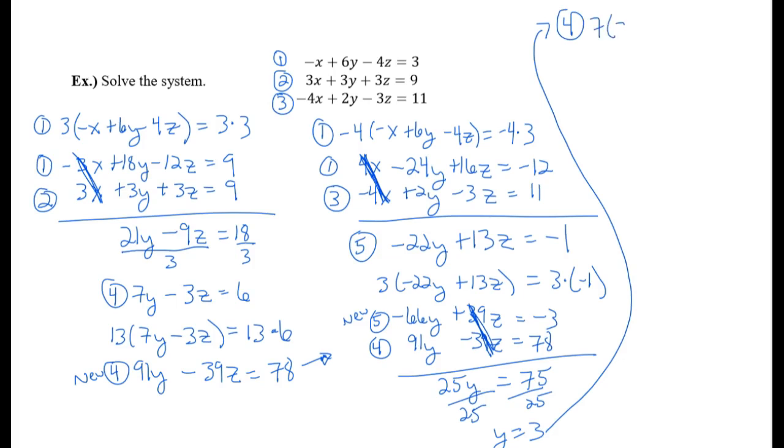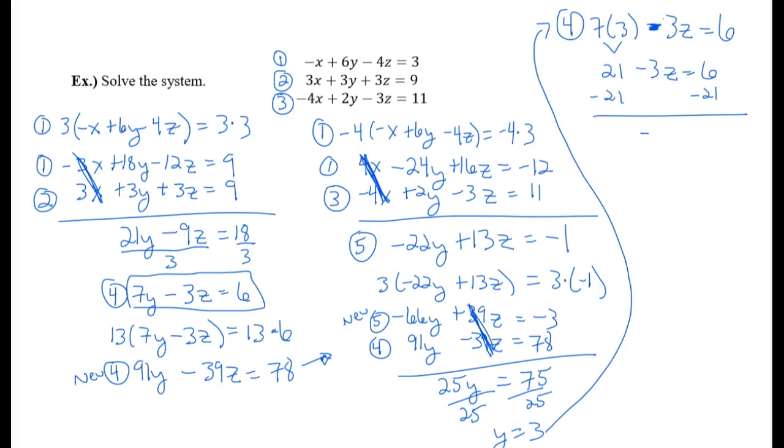So 7 times 3 minus 3z equals positive 6. Multiplying, 7 times 3 is 21. Subtract 21 from both sides to get z alone. I have a negative 3z equals a negative 15. Divide both sides by negative 3. And z will equal a positive 5.